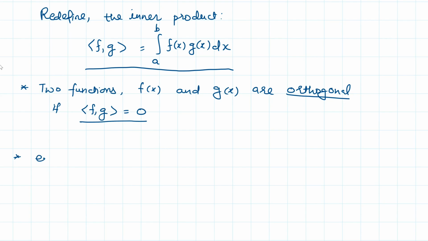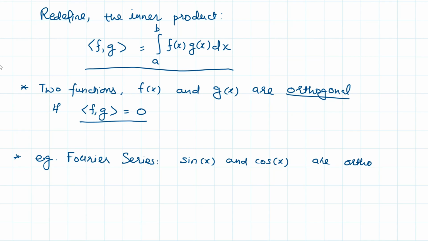You have probably seen an example of orthogonality in the Fourier series, where the functions sine and cosine of x are orthogonal.